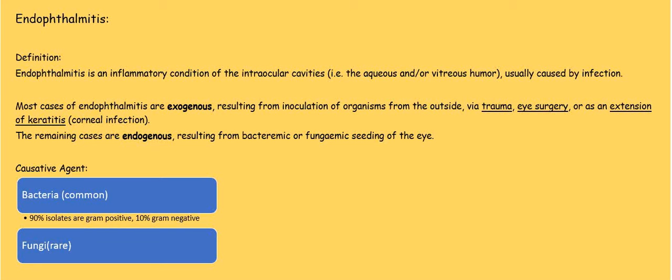A minority of cases of endophthalmitis are endogenous in origin and are generally because of bacteremic or fungemic seeding of the intraocular cavities. So this was a very major concept.